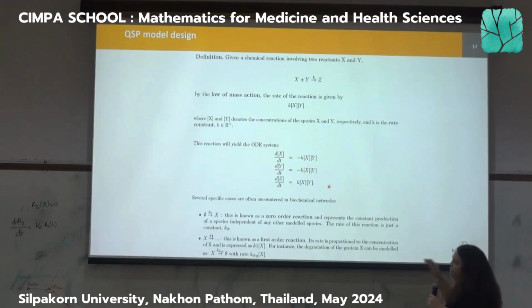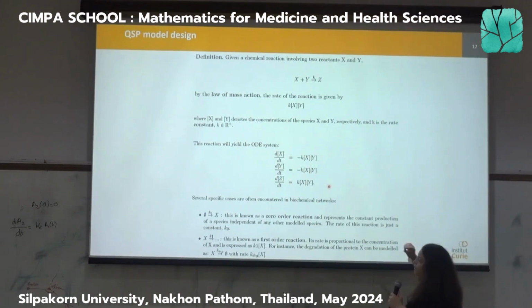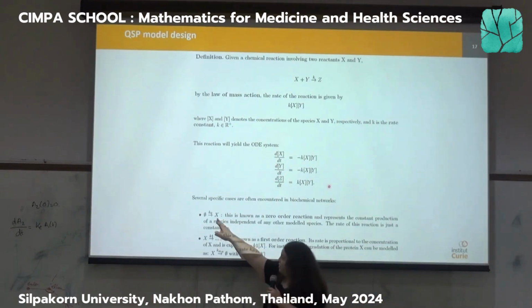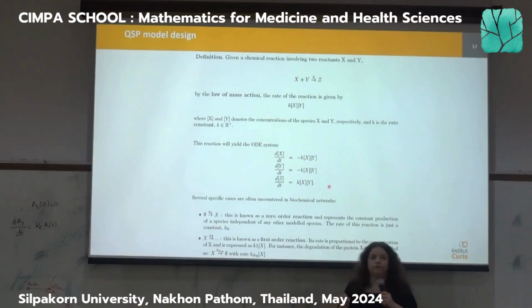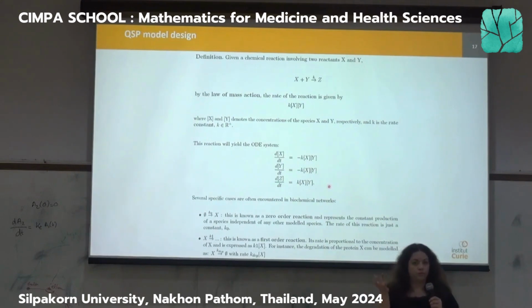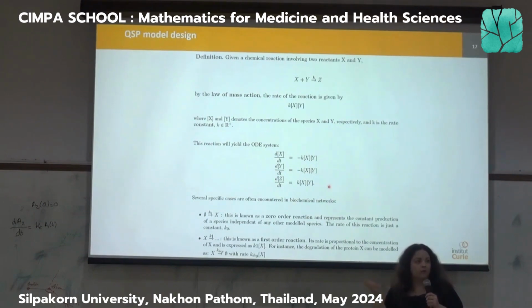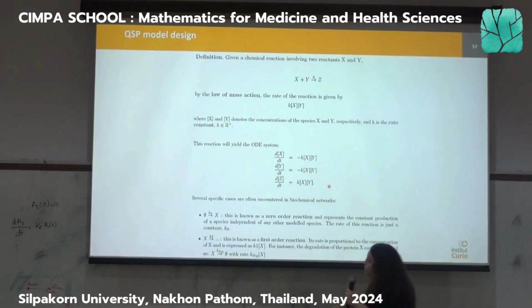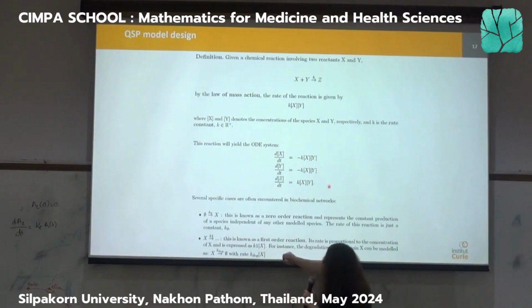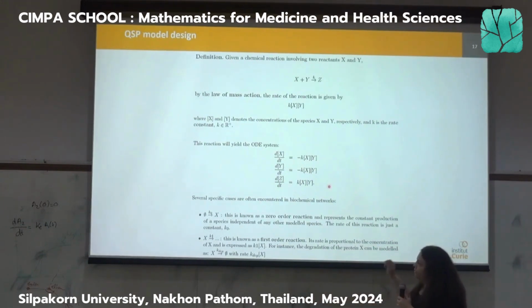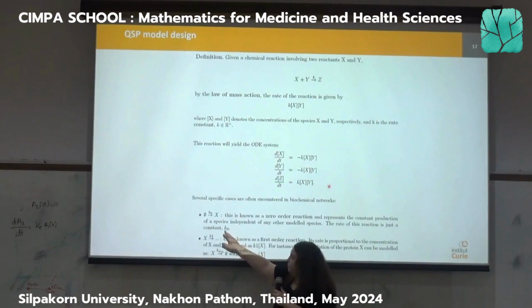And maybe I can draw your attention to two specific cases. The first one is whenever you have a species X that is actually created from nothing in the system. Let's say that you have a continuous source, for instance, something that is continuously coming into the system. You will use the zero order reaction, and that's just K0, where K0 is just a constant.